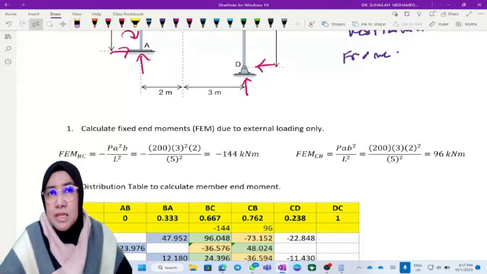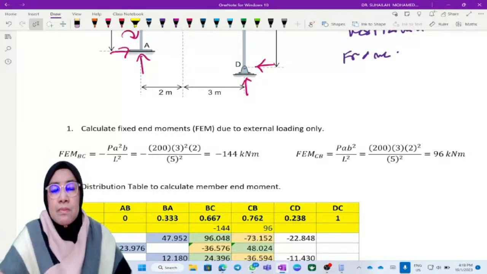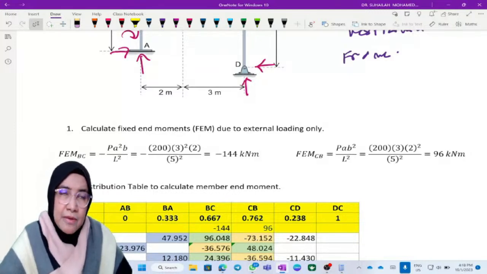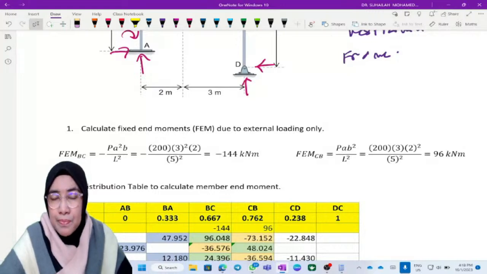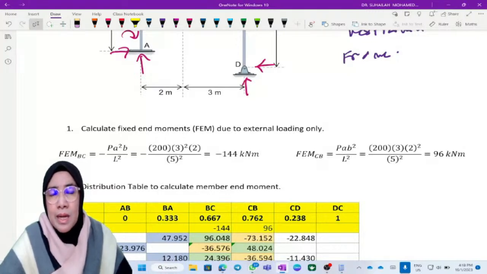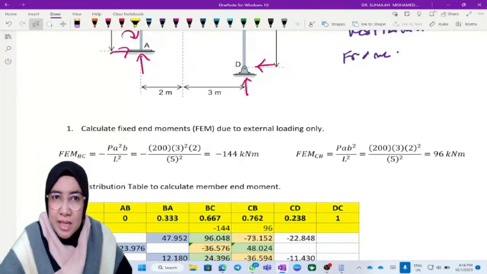The difference is only step 2A, because in frame we have to calculate the restraining force. It does not occur in beam. In beam we calculate and get the moment directly, but in frame we have to add an additional step.